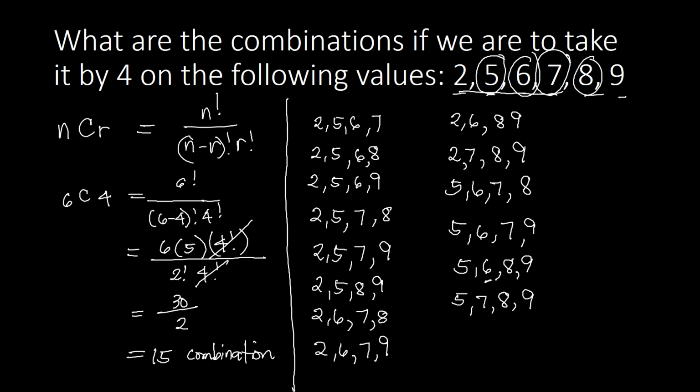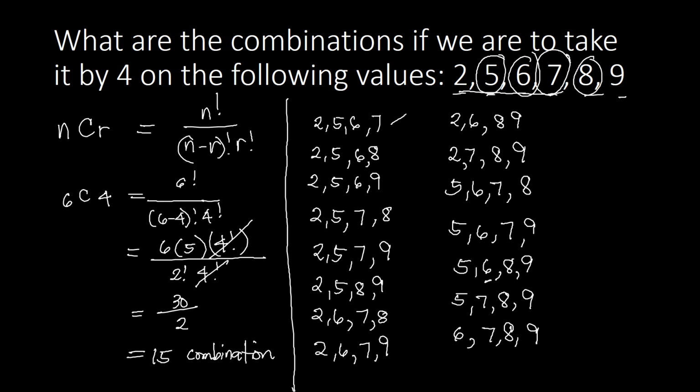So we are now changing our first number to 6. Let's see if we can come up with 4 numbers on that. 6, 7, 8, and 9. And if you try to change this one, it cannot be. So I guess that will be the last one. Let's check if we have 15 combinations here.